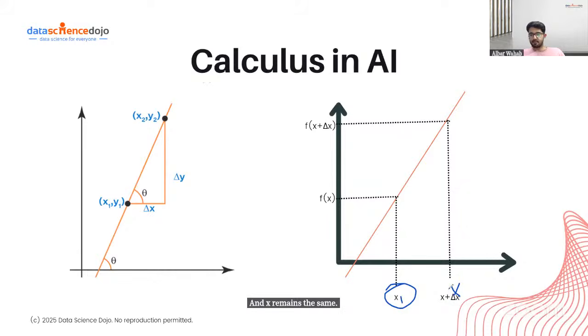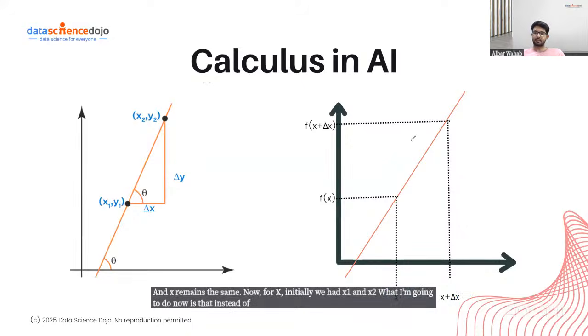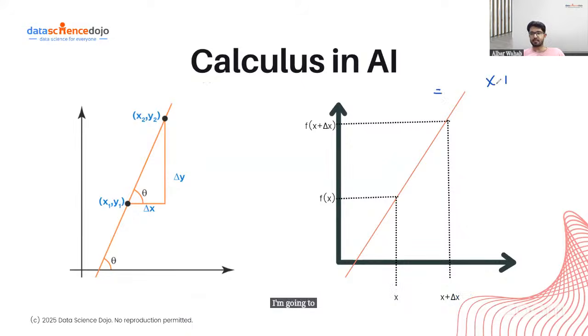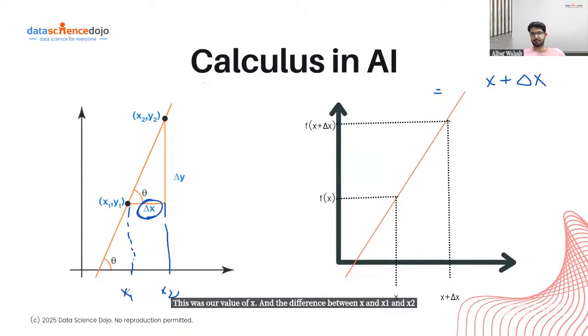Now, for x, initially we had x1 and x2. What I'm going to do now is that instead of saying x2, I'm going to call it x plus delta x. Let me explain what that means. This was our value of x, and the difference between x1 and x2 was delta x. So instead of saying x1 and x2, I'm just saying that this is x, and since the distance between these 2 points is delta x, this value is going to be x plus delta x.